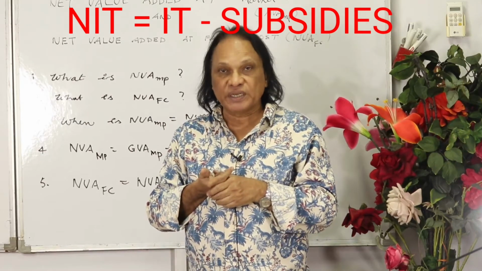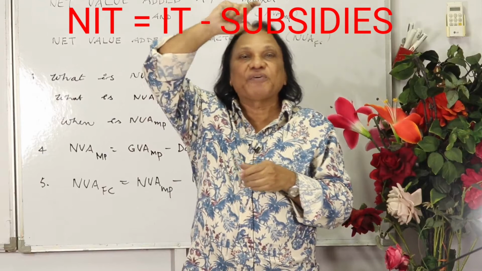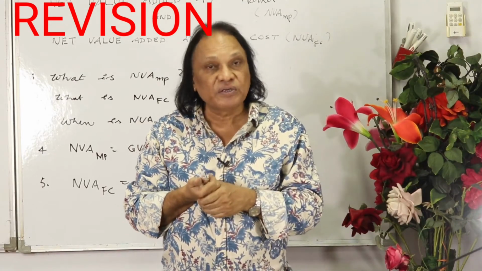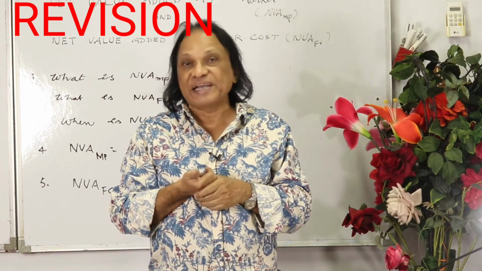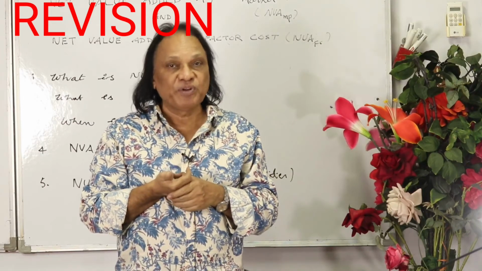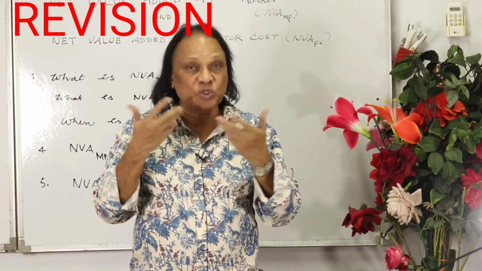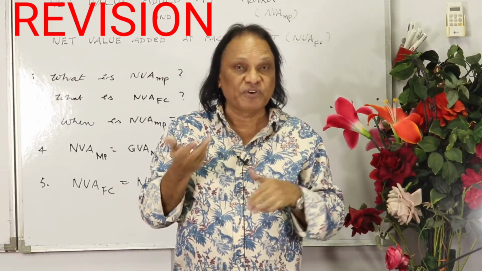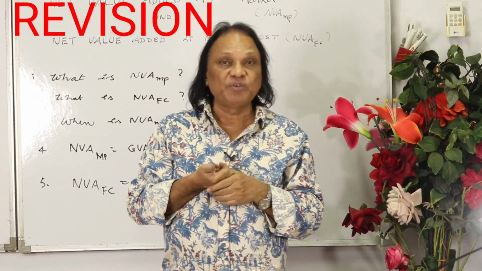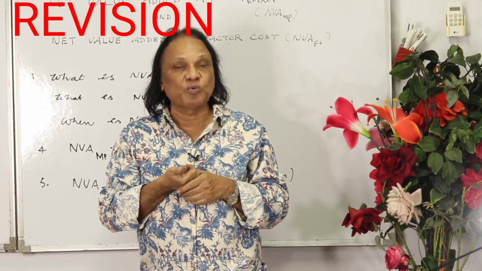So we repeat once again. Gross value of output is equal to units into market price, or sales plus change in stock. The ultimate formula is domestic sales plus exports plus value of goods kept for self-consumption plus change in stock or change in inventories, that is closing stock minus opening stock.